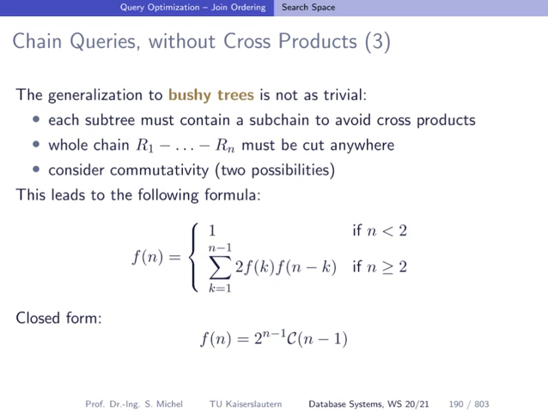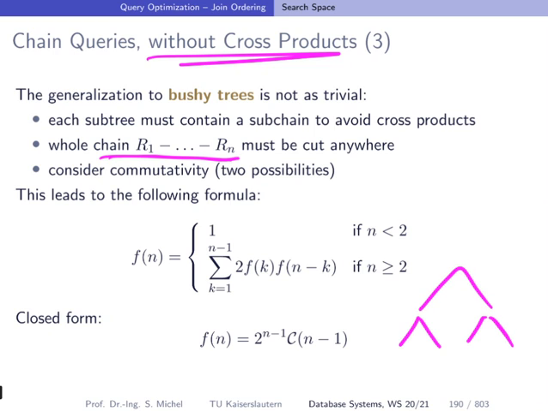You can also specify the number of possible trees if you consider bushy trees. Again, we consider now the case of having a chain, so no cross products. And we have again the same chain. So you have to make sure that when you're creating a bushy tree, which can look like this, of course it can also be linear, right? This is important. But here, when we want to join two relations, let's say R1 and R7, we have to make sure we can only join these two here in the subtree if they are neighboring in the chain.